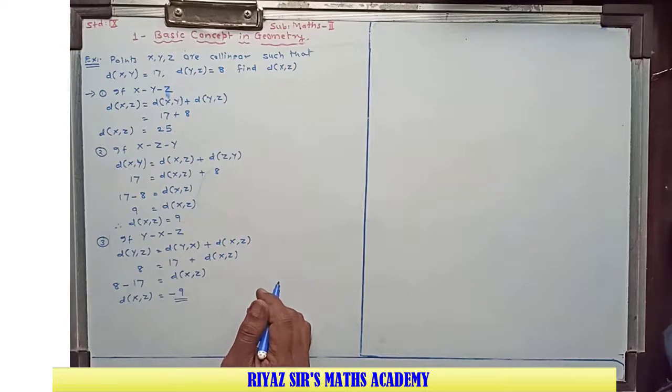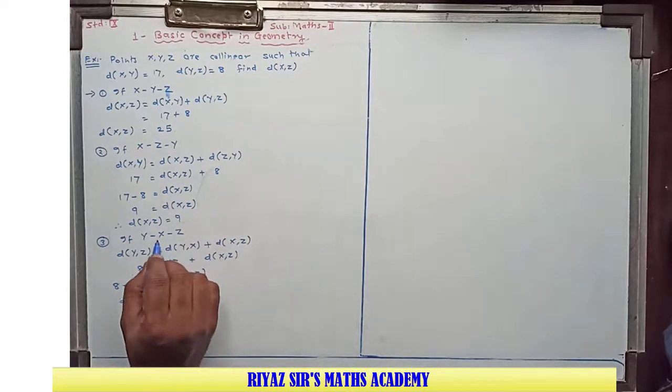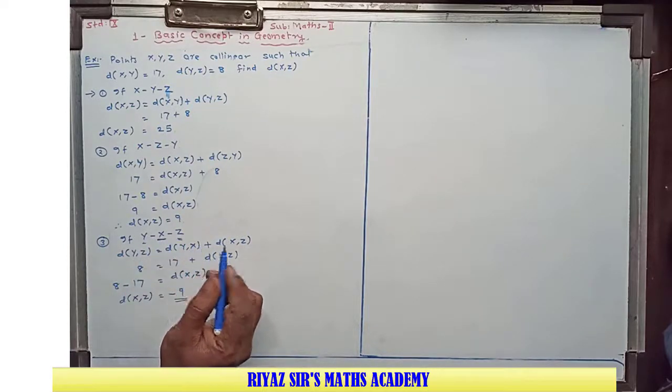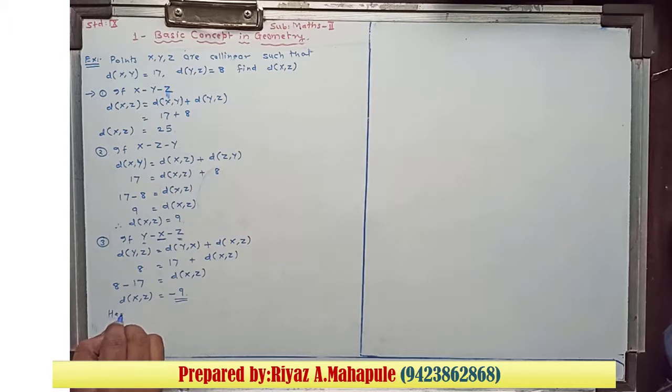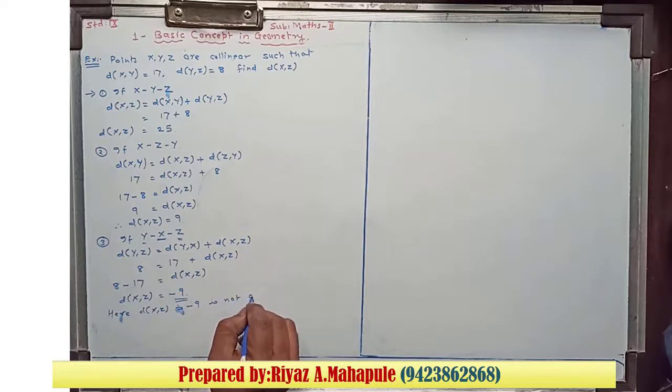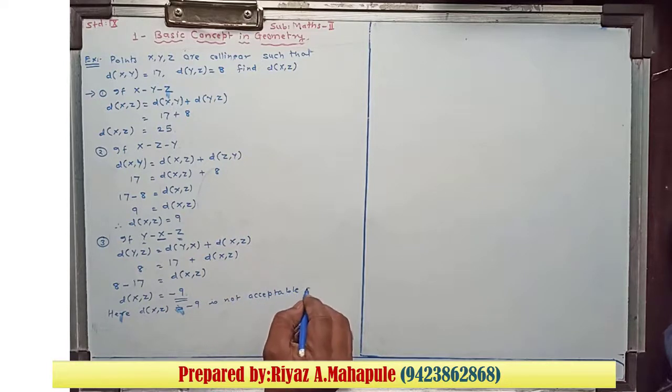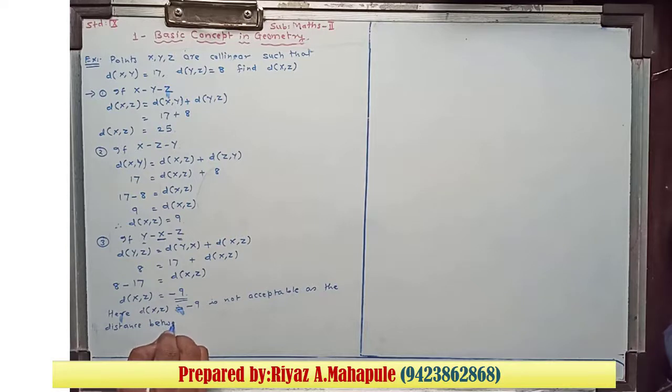If X, Y, Z are three collinear points, then we can't find distance of XZ when point X is in between Y and Z. Okay, and therefore distance of XZ equal to -9 is not acceptable, as the distance between two points is always a non-negative real number.